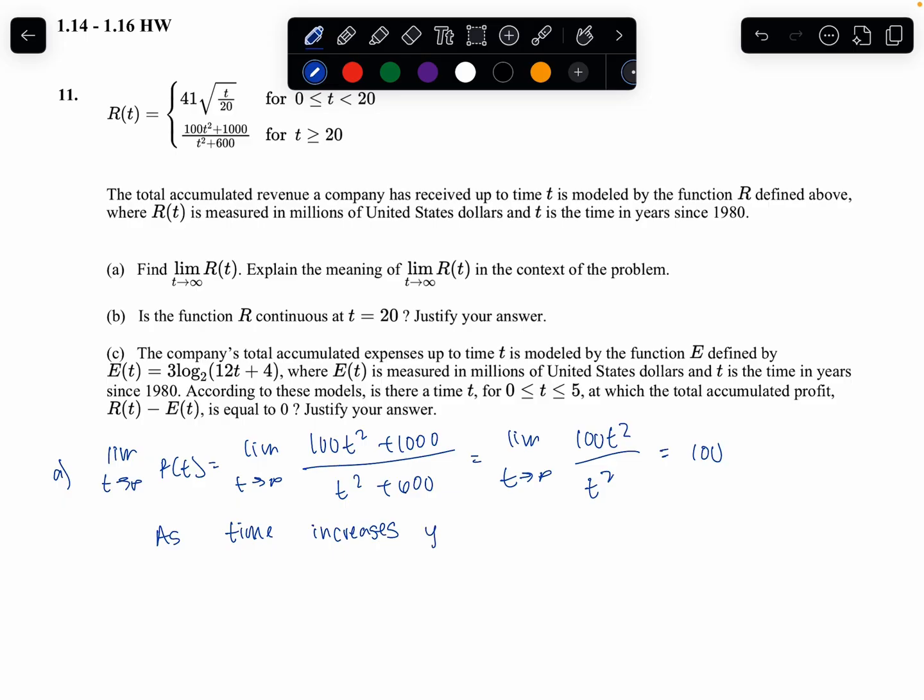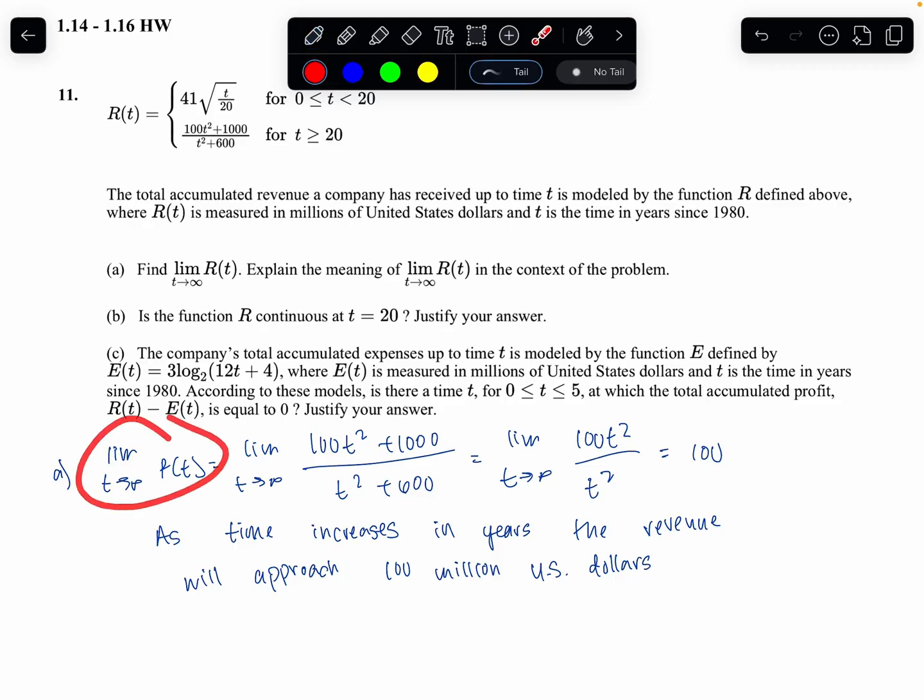As time increases in years, the revenue, because that's what r of t is, the revenue, will approach $100 million, US dollars, I guess. So that's the interpretation of what that actually means.